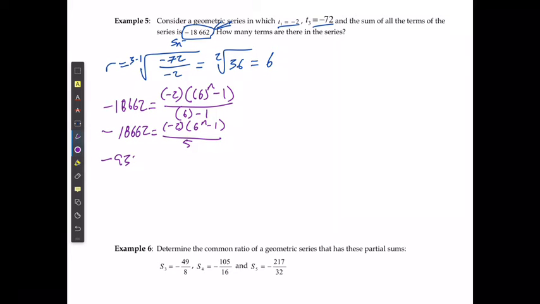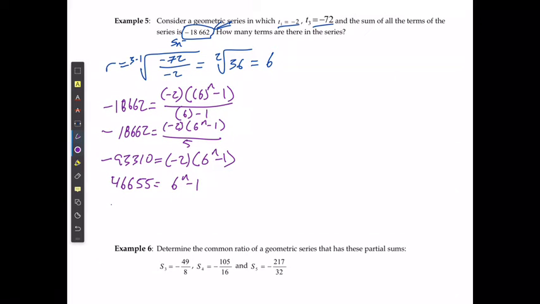Negative 93310 is equal to negative 2 times 6 to the power of n minus 1. Which means that when I divide by negative 2, 46655 is going to equal 6 to the power of n minus 1.